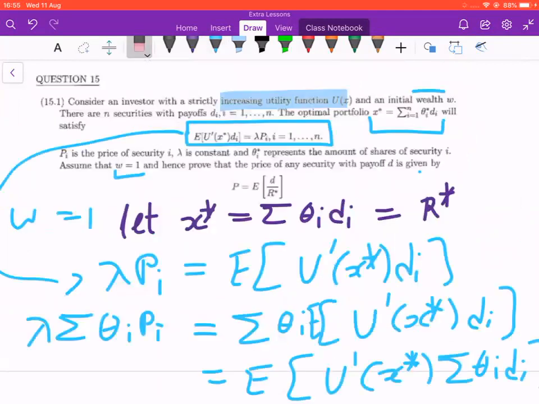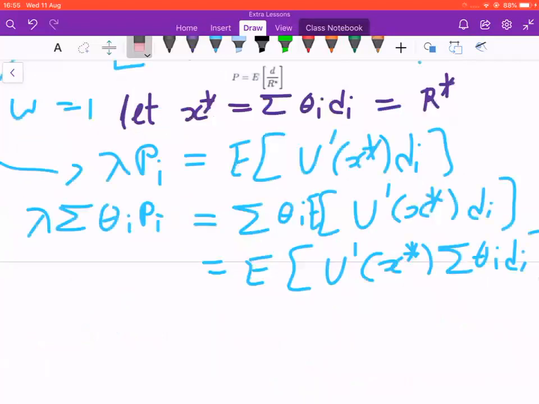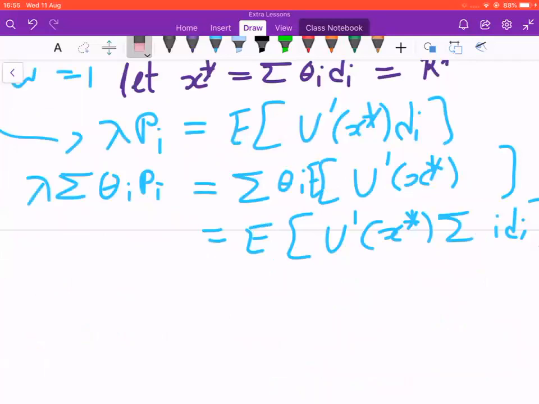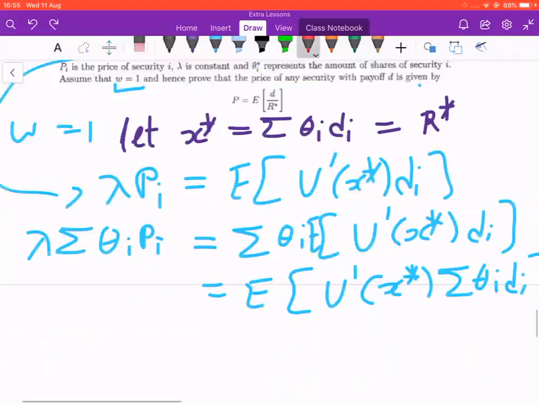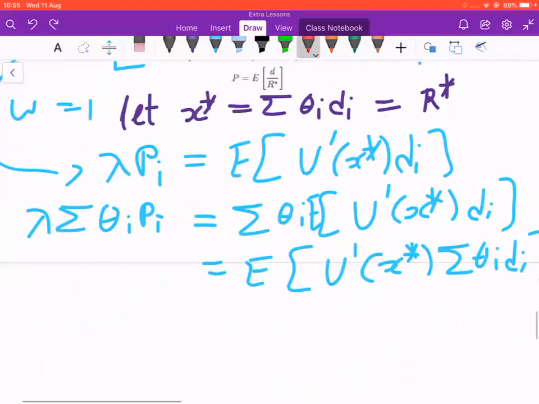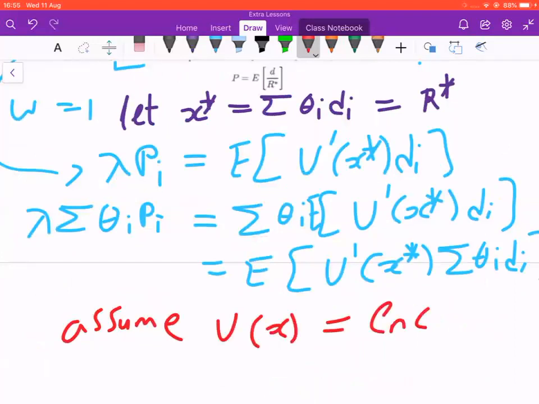It has to be log, and that's why I say I forgot to underline it. Anyway, if they didn't mention it in this question, you will assume that the utility of this person is ln of x, right?